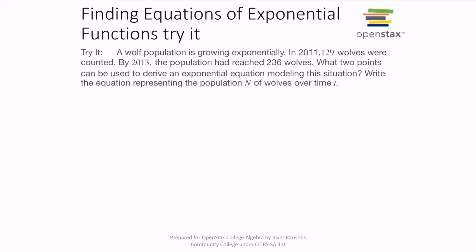So use the same principle now. So what is given in the problem? A wolf population is growing exponentially. In 2011, 129 wolves were counted. By 2013, the wolf population had reached 236. What 2 points can be used to derive an exponential equation modeling this situation, provided that we represent the population n over time t?